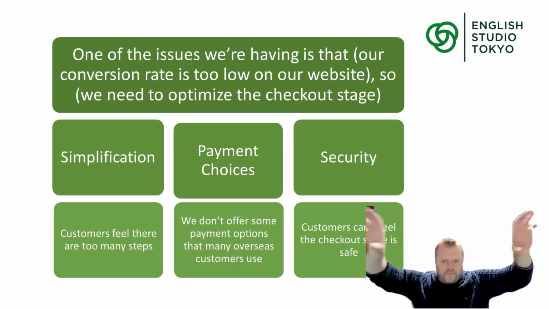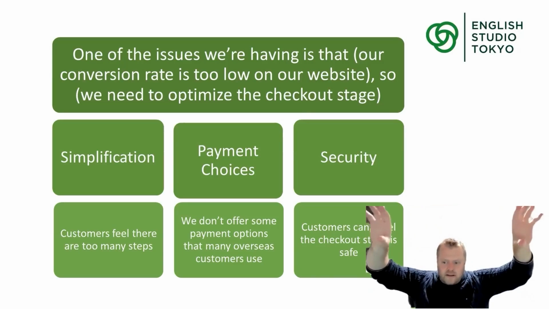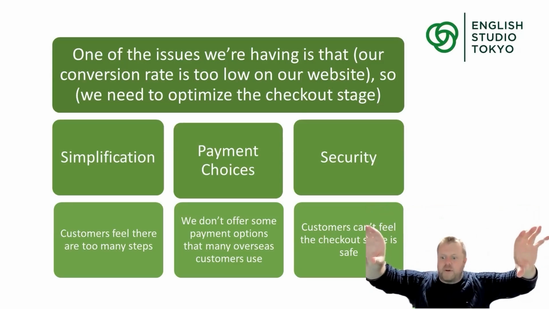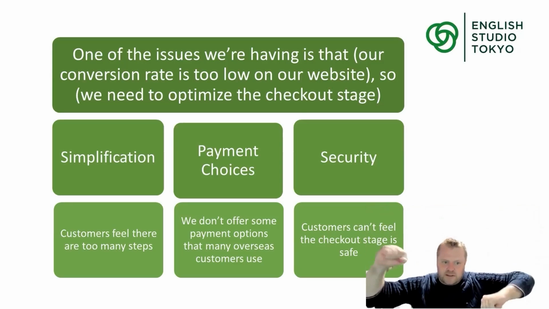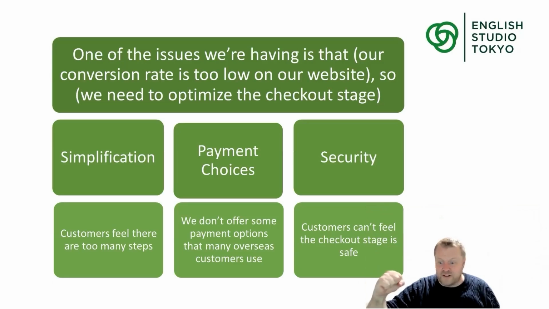So problem, sorry, the conversion rate's not good. Point, we need to optimize it. Signpost, simplification. Why? Customers feel there are too many steps. Signpost, payment choices. Why? Well, we don't offer payment options that customers overseas like.